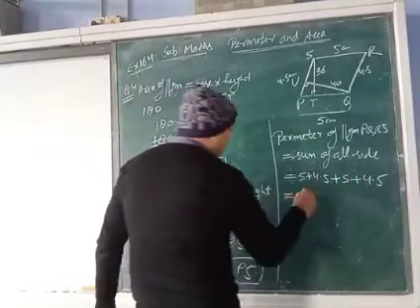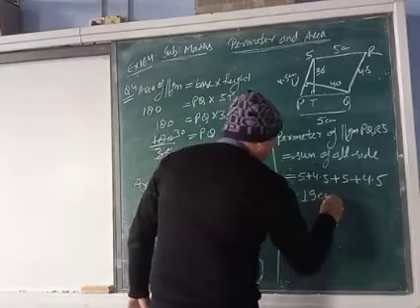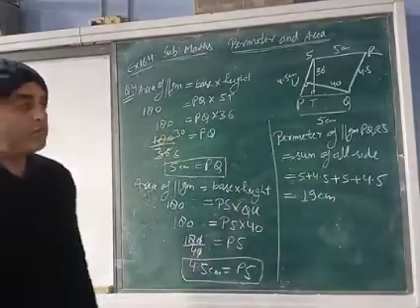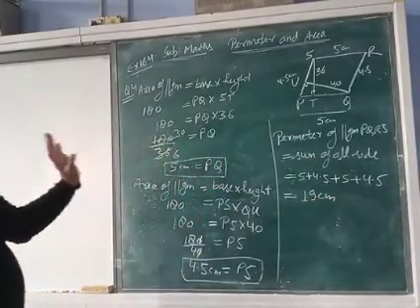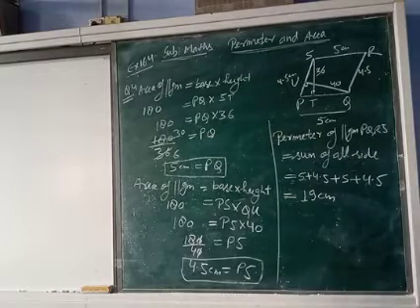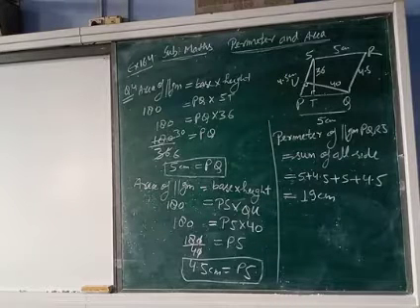When you add, then you will get 19 centimeters. So the perimeter of parallelogram PQRS is 19 centimeters.